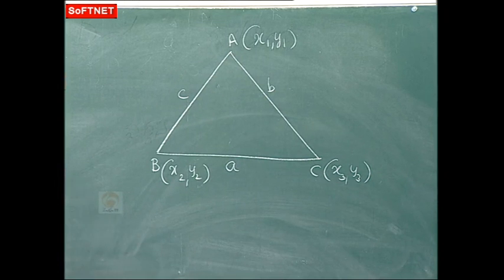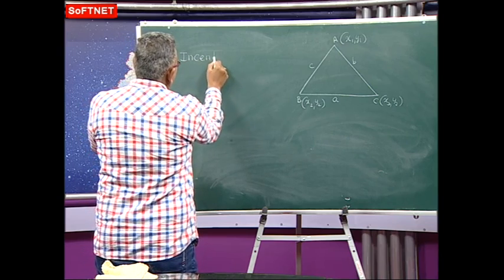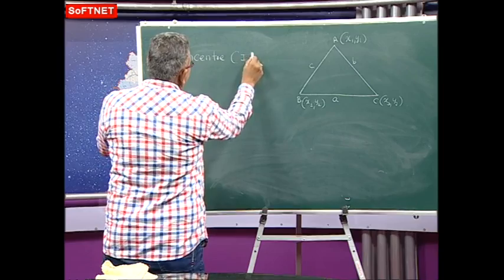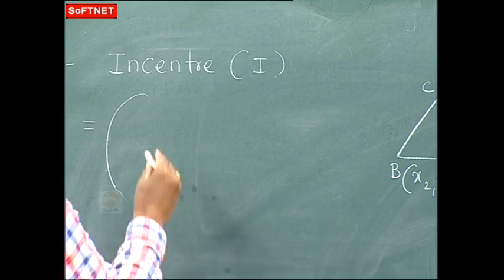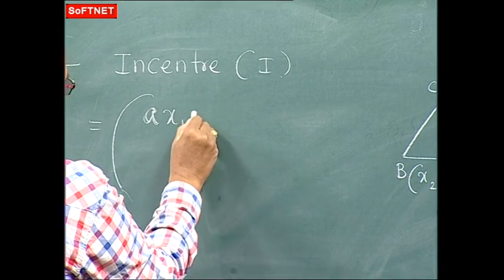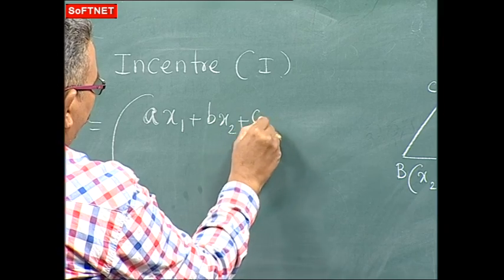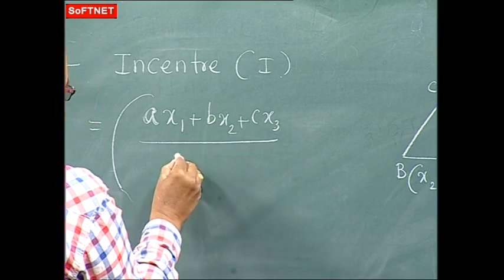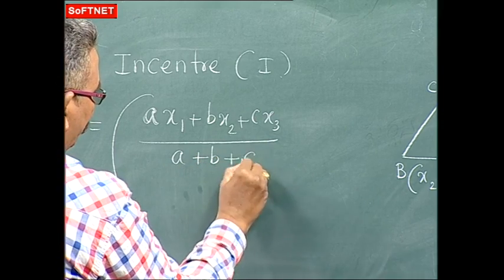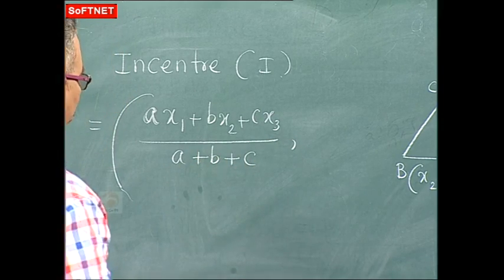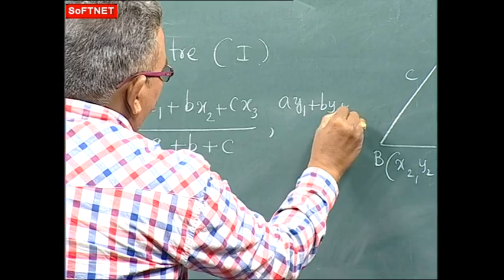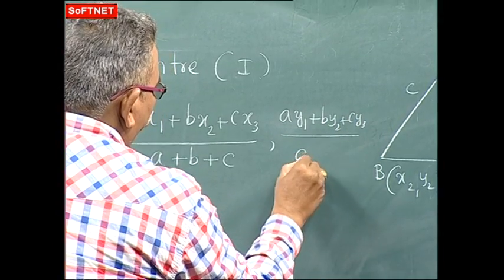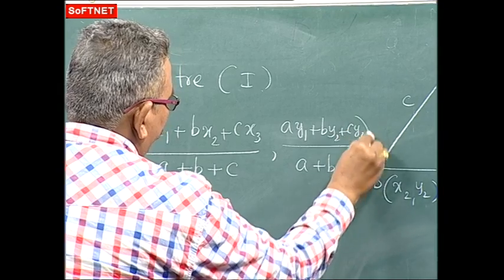Now the in-center I is given by the formula: a x1 plus b x2 plus c x3 by a plus b plus c, next a y1 plus b y2 plus c y3 by a plus b plus c.